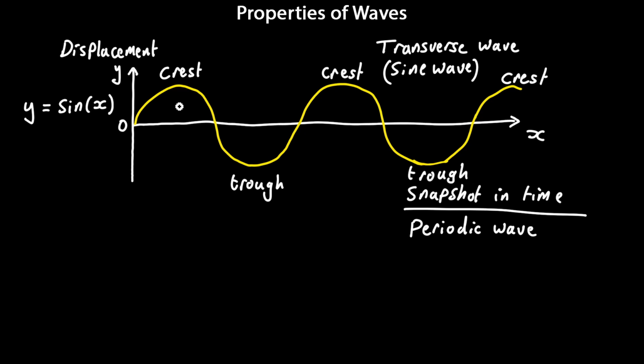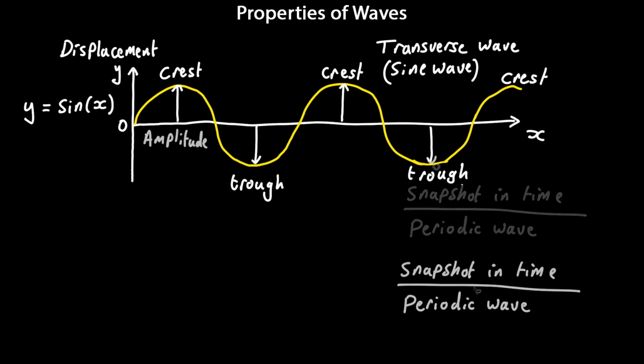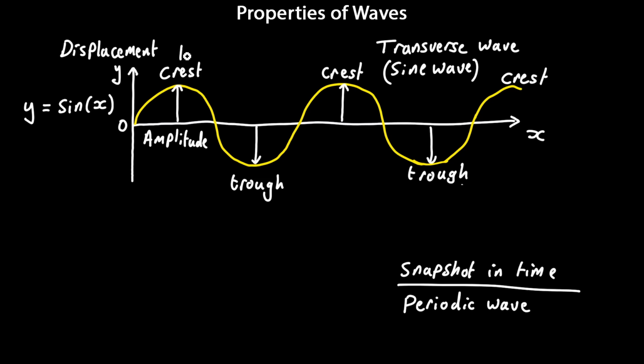The amplitude of a sine wave is the distance from the equilibrium position to a crest or a trough. And the wavelength is the distance along the x-axis between two troughs, two crests, or the distance between two adjacent similar points on a wave. And let me draw this here quickly.